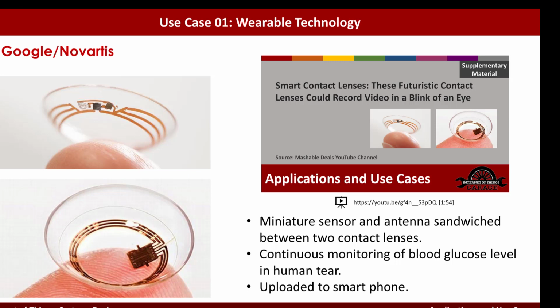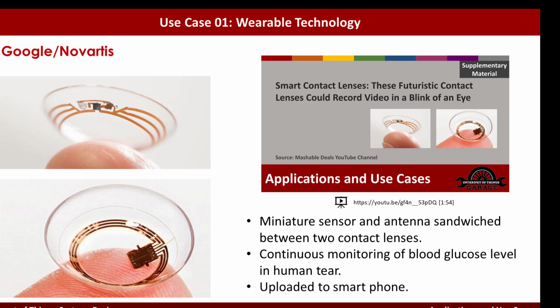designed to do. In this one, you are going to see a wearable technology, a contact lens developed by Google with another company, where they have miniaturized a sensor and antenna and put them in between a contact lens.